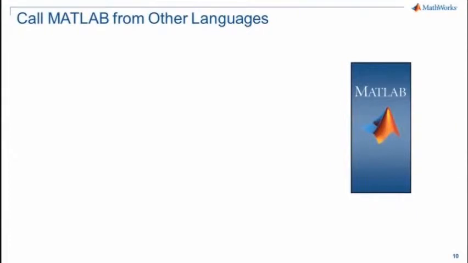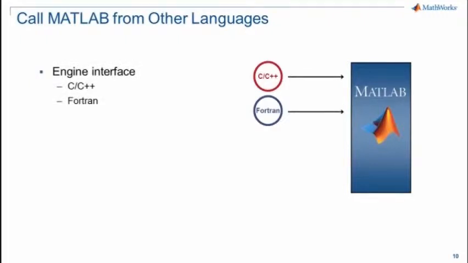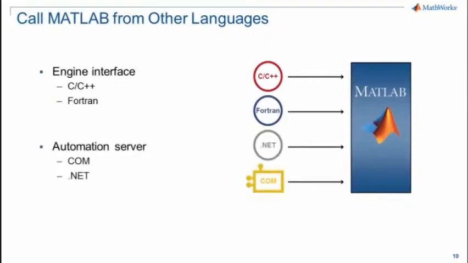So to summarize how we call MATLAB from other languages, that engine interface can be used with C and C++ as well as Fortran code. And MATLAB can be called as an automation server if you're developing COM or .NET applications as well. And you can also do this the other way around.